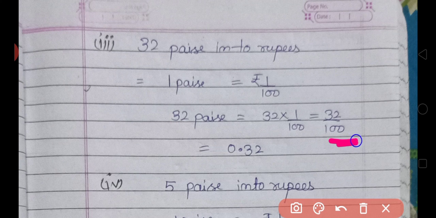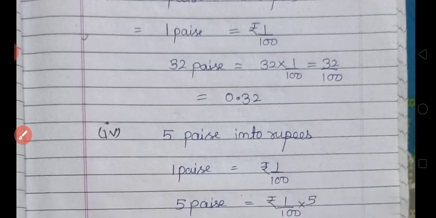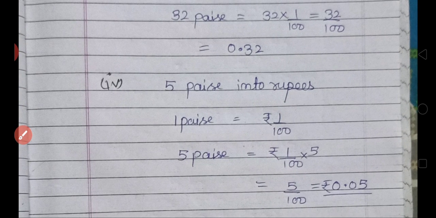So 2 zeros are given in the denominator. So we have to count only 2 digits in numerator. So 1, 2. Now before 3 you will put the decimal. So it is become rupees 0.32.